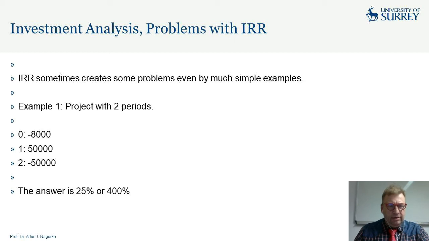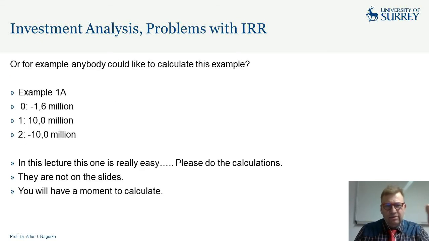Like here, we invest 8,000, then we receive in the next year 50,000, and then we spend again in year 2, 50,000, and there are 2 answers. It could be 25% or 400%. Would you be able to calculate the internal rate of return on this example?